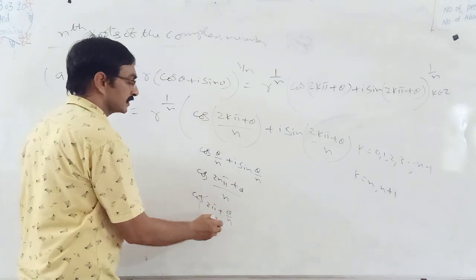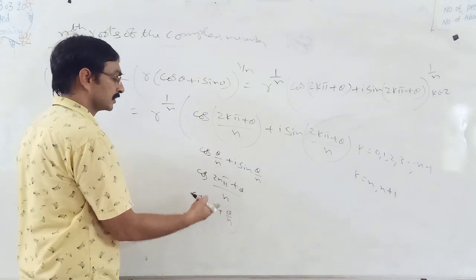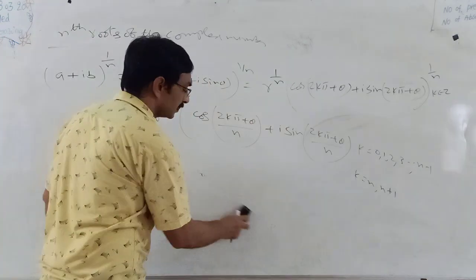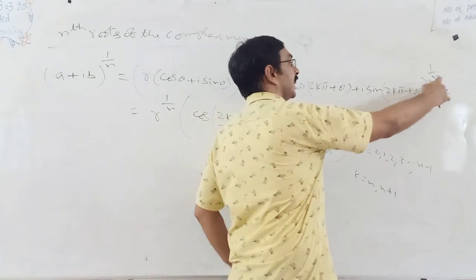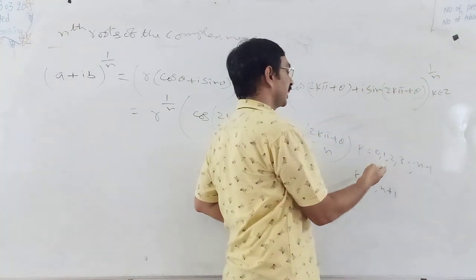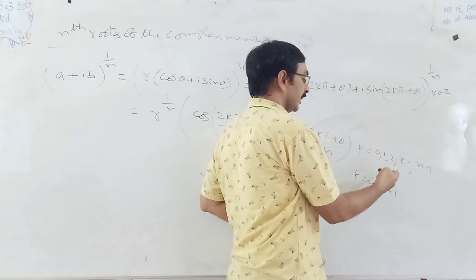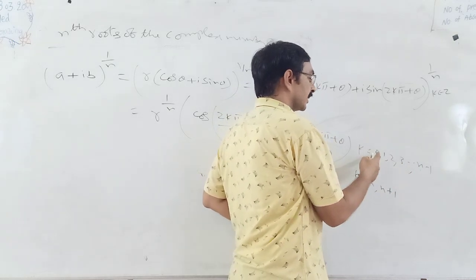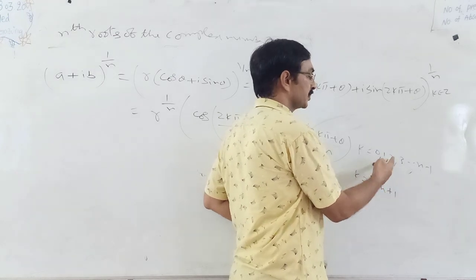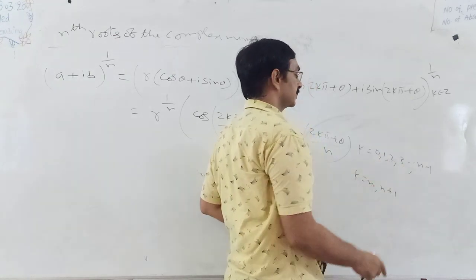Cos of (2 pi plus alpha) is cos alpha. So this is equal to cos theta by n. And so on. So for the next infinite number of values, for any integral values of k, all these values are repeated. K equal to n and k equal to 0 cases are the same, n plus 1 and 1 cases are the same, n plus 2 and 2 cases are the same, and so on.